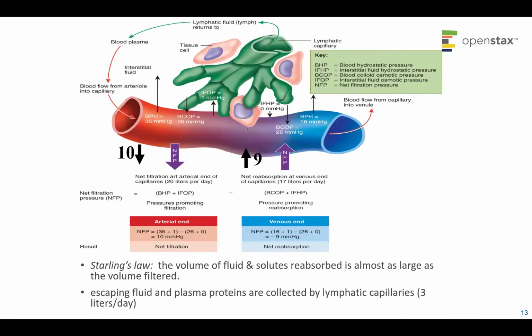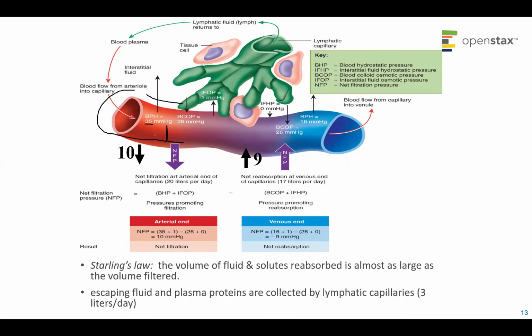Okay, this is maybe a better illustration for this. So this is the arterial side over here. You're going to see the pressure is about 35 millimeters of mercury. So this is the pressure in the arterioles.